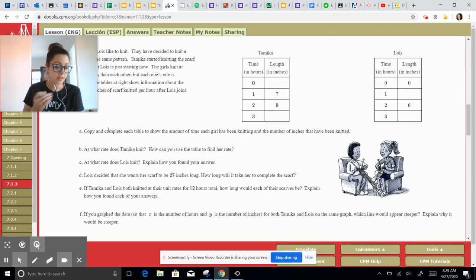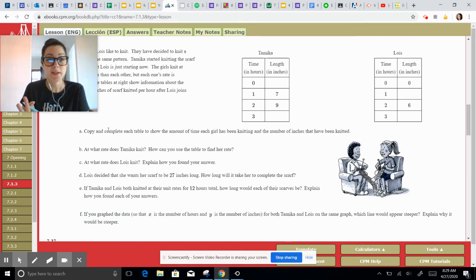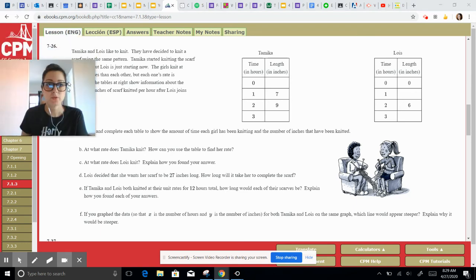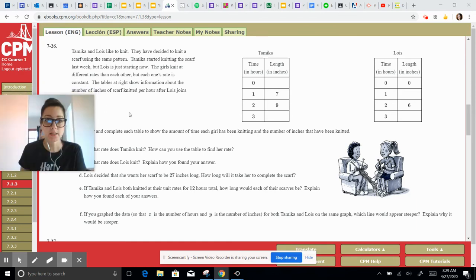Okay, so we're back and we're looking at 7-26. Now this one is kind of tricky. It took me a couple times to read through it and make sure that I was reading it correctly. So this is about 2 girls who like to knit, Tamika and Lois.